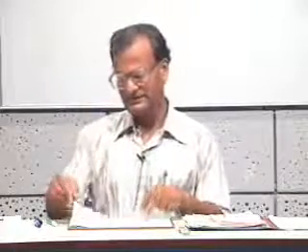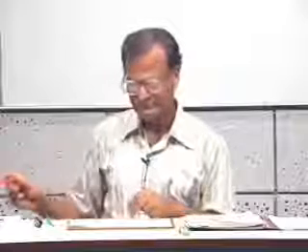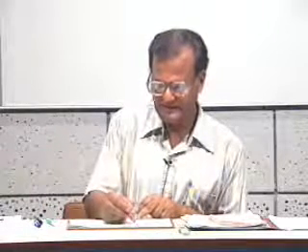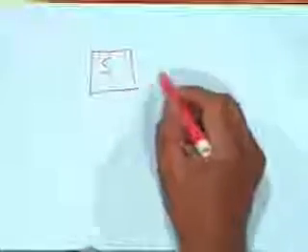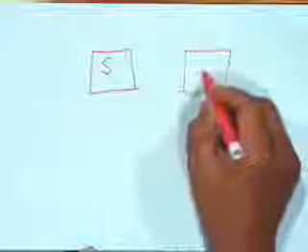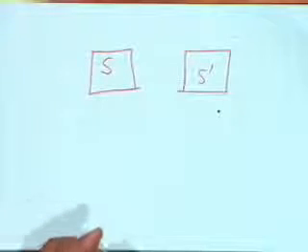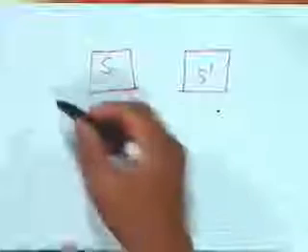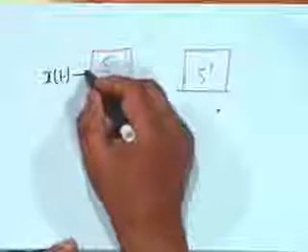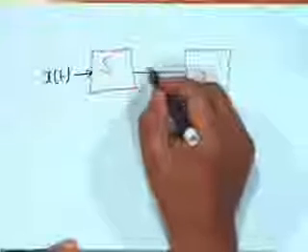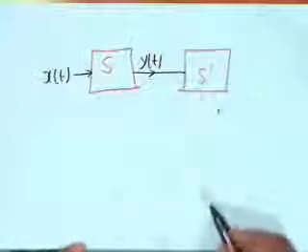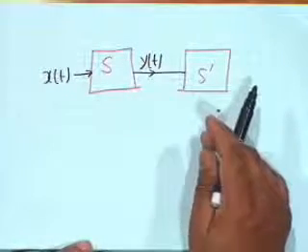To generalize this example, a system S produces from x of t an y of t. The two systems are in what kind of connection?